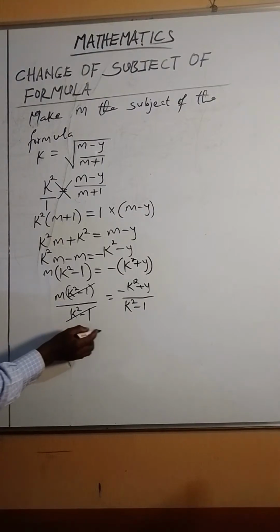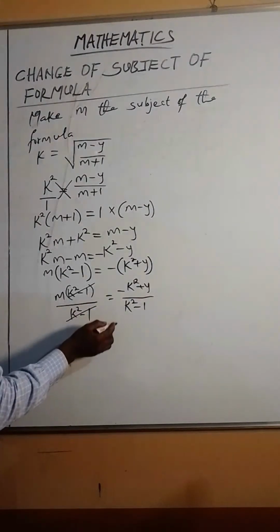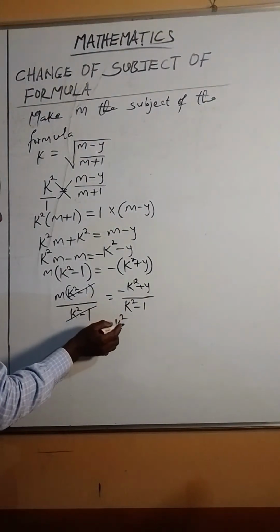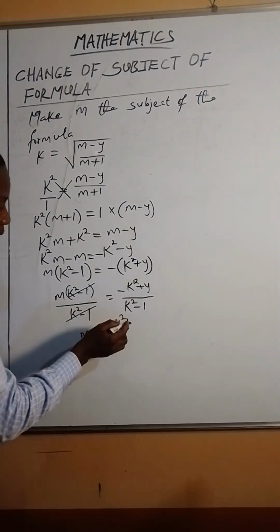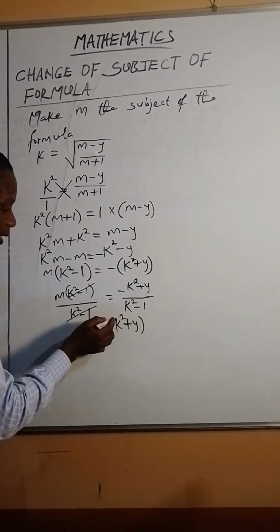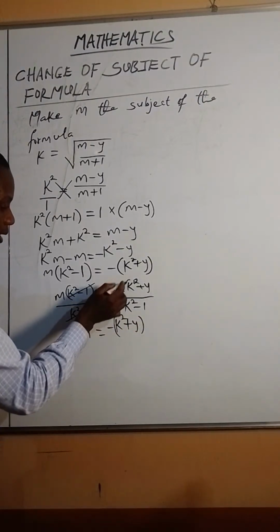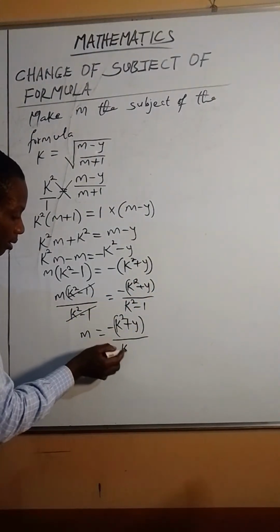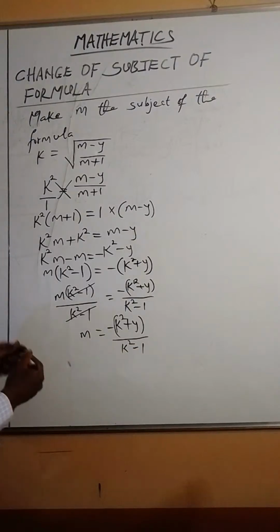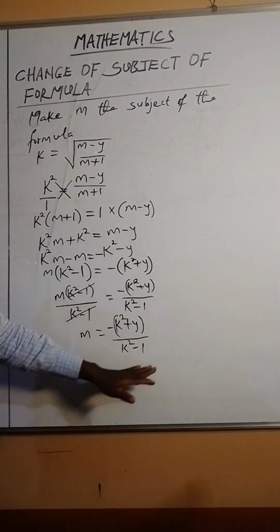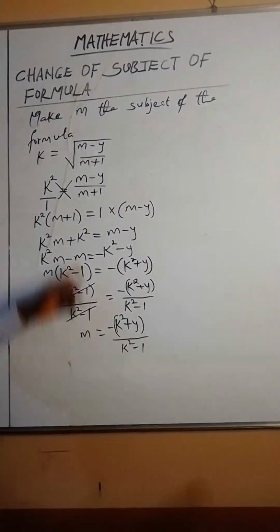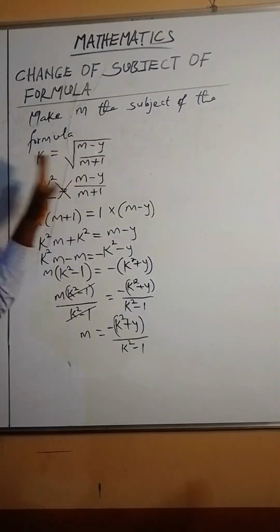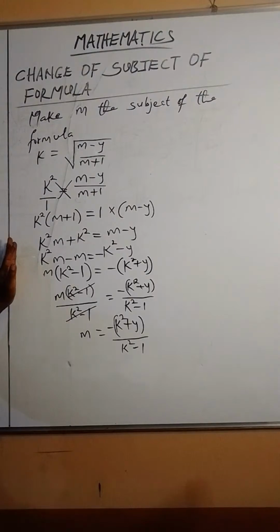Therefore, our m is now minus k square plus y. Don't forget that there's bracket here, there's bracket here as well. So divided by k square minus 1. This is exactly what we get at the end of the day after making m the subject of this formula.